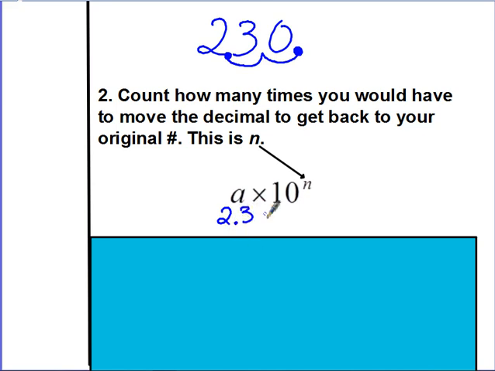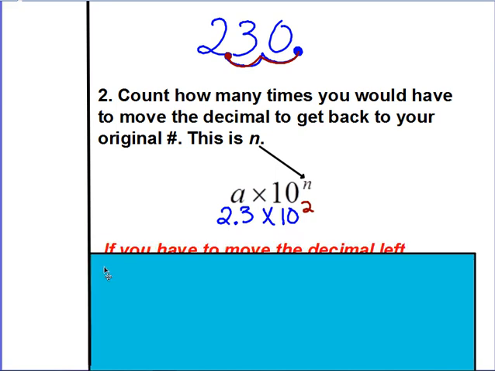Now I'm going to have 2.3 times 10. I'm going to count how many places I would have to move it to get it back to its original location. To go back to its original location, I would have to move my decimal point 2 places. That would be my exponent. So that number now is written in scientific notation.